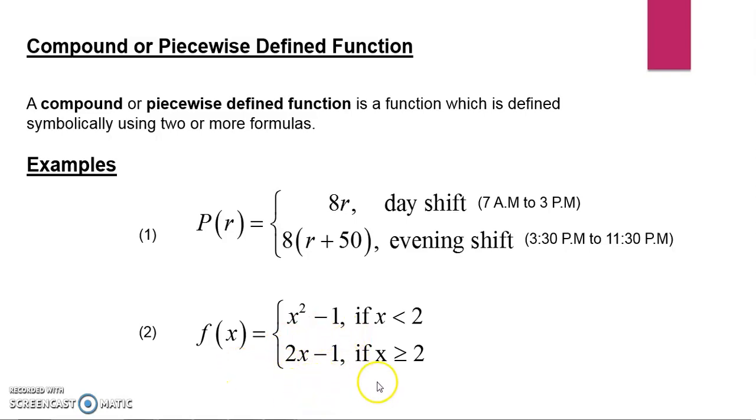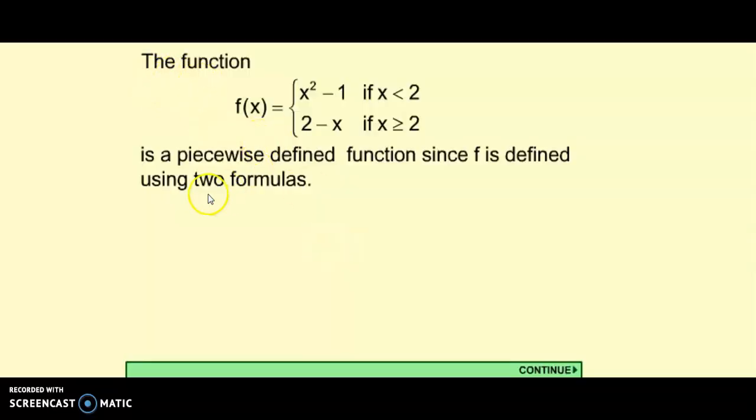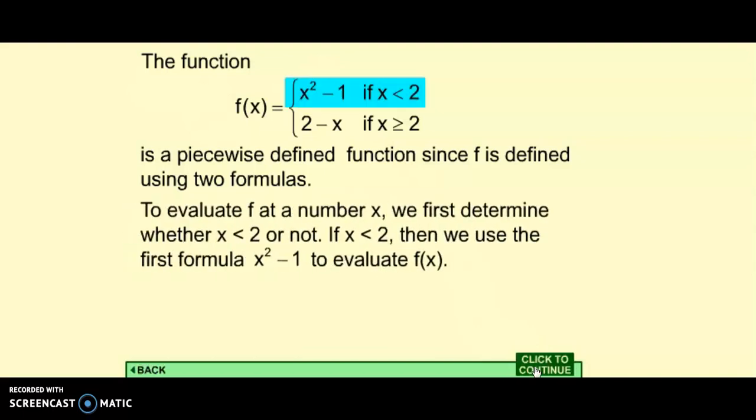Now let's see visually how the compound function works. Now this function f of x is a piecewise defined function since f is defined using 2 formulas. To evaluate the function f at a number x, which is our input, we first determine whether x is less than 2 or not.